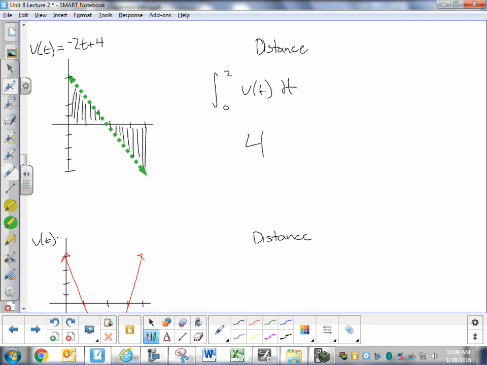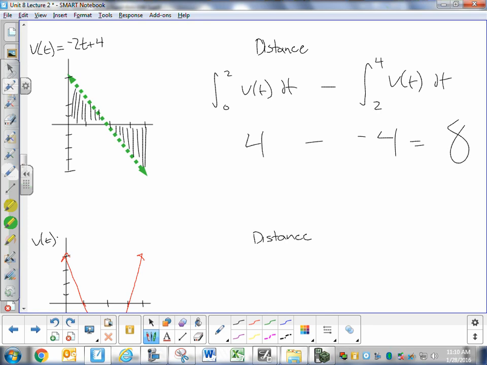Well, what's another way to do it without using an absolute value? Yeah, why don't we subtract this negative area from 2 to 4? All of a sudden, I have my positive displacement of 4 minus my negative displacement of negative 4. That gives me all positive displacements, I get 8.